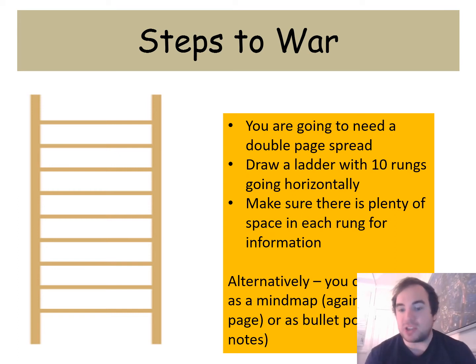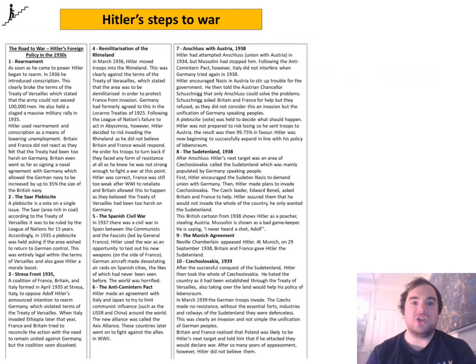Alternatively, you can do this as a mind map or as bullet pointed notes. I'm absolutely not fussy on the format you take, as long as it works for you. But what you need to do is analyse these events that you'll be able to see on the attachment on Frog, going from rearmament right up to what happened in Czechoslovakia.